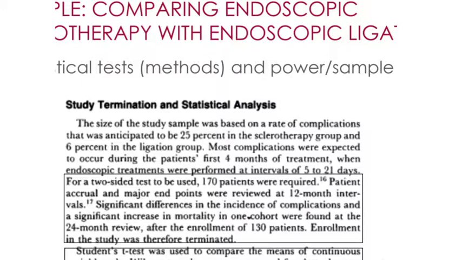And then they mention patient accrual and the major endpoints were reviewed at 12 month intervals. A significant difference in the incidence of complication and a significant increase in mortality in one cohort were found at the 24 month review after enrollment of 130 patients, and then enrollment in the study was therefore terminated.